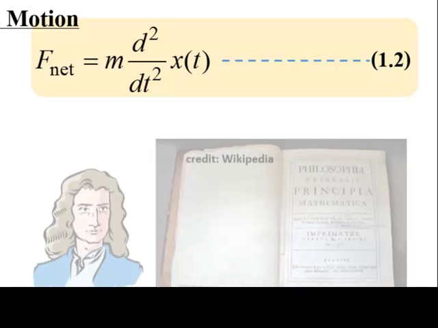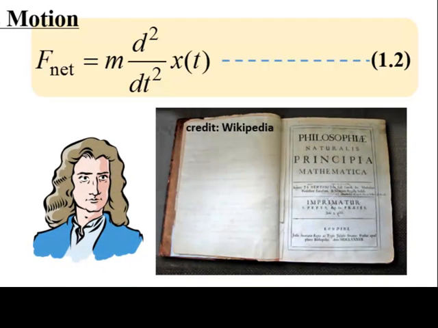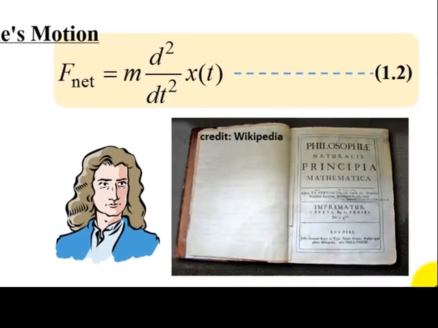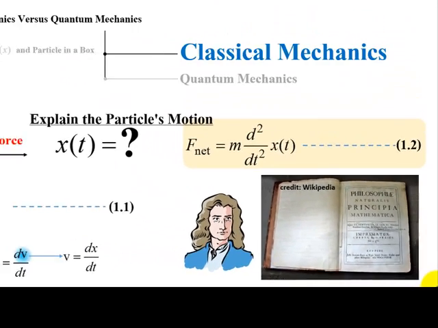It was an important step in science when Isaac Newton published it in his famous book, mostly known as the Principia. Before moving further in the discussion, let us look at a specific example on how to use this particular equation.